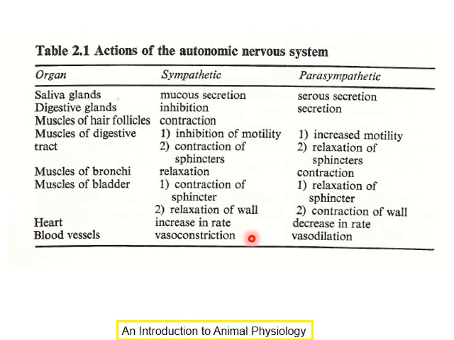So we cut the flow rates to non-essential organs, or not critically essential organs, in the short run until the nervous system gets back where it needs to. You've got constriction of the wall under sympathetic and a decreased rate of vasodilation. So we want our heart and lungs to be working easily. We have lower blood pressure here. This is generally higher blood pressure.